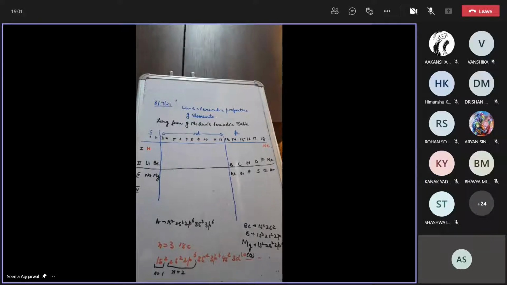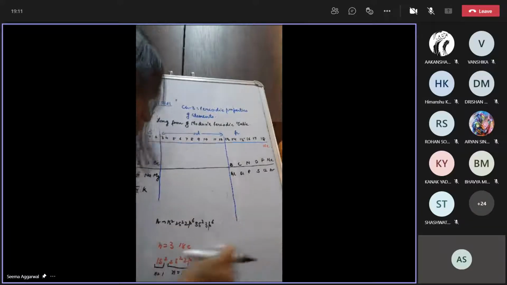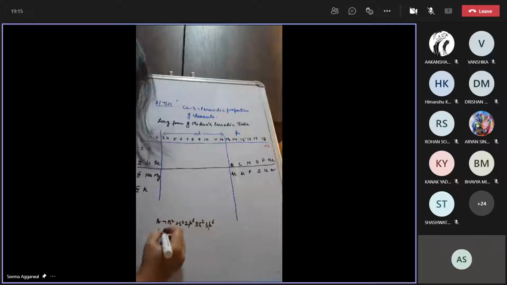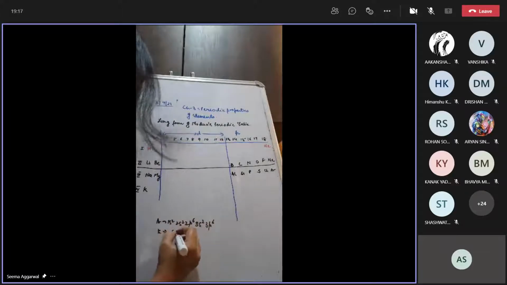Electrons are filled according to the increasing order of their energies. The next element is potassium. Okay. Now in the case of potassium, what we are writing is argon 4s1. The potassium is a S block element.